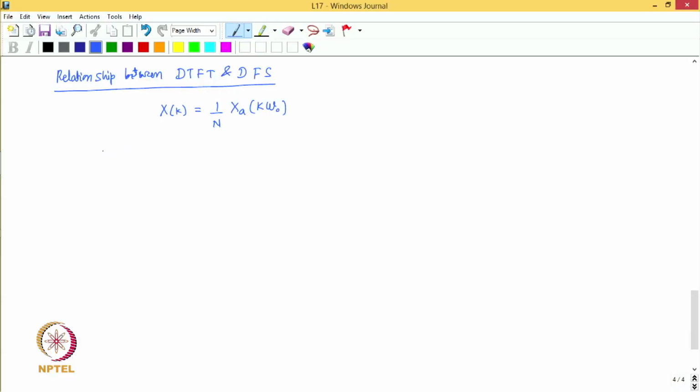So this is an important result: X(k) is a sampled and scaled version of the DTFT, that is X_a(omega). Effectively we draw discrete samples from the DTFT and then scale them by 1 by N to get the DFS.